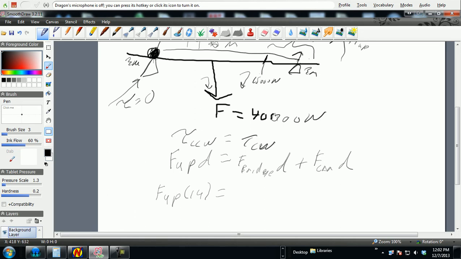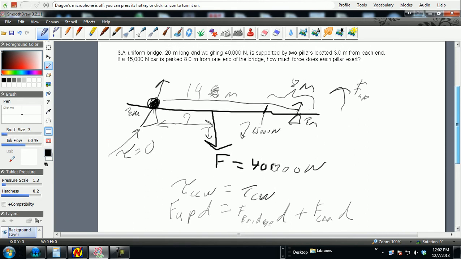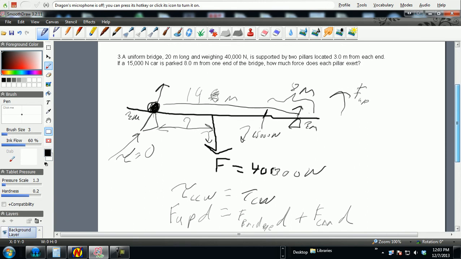Now we have the bridge, which was 40,000 newtons. How far is he from the pivot point? Right here, halfway is 10. 10 take away 3 makes that 7. So he's 7 meters. The car is 8 meters from one end of the bridge, so this is 8.